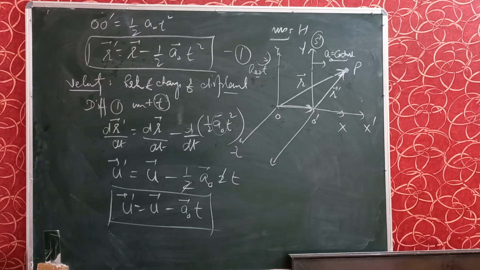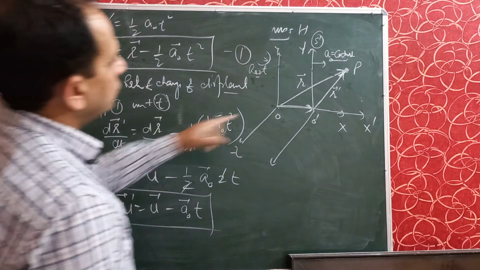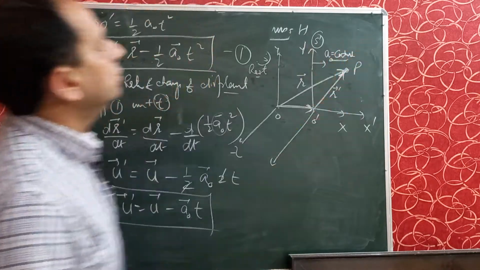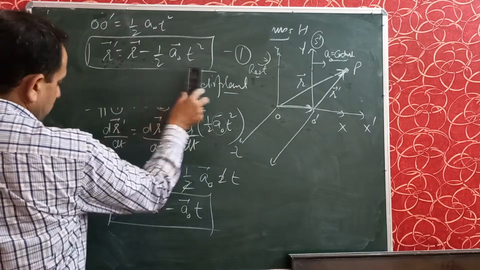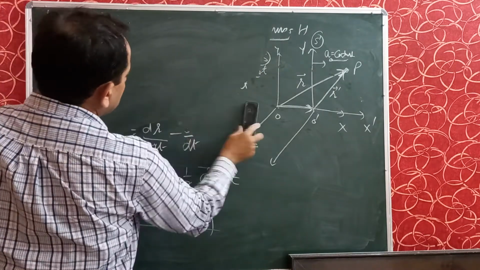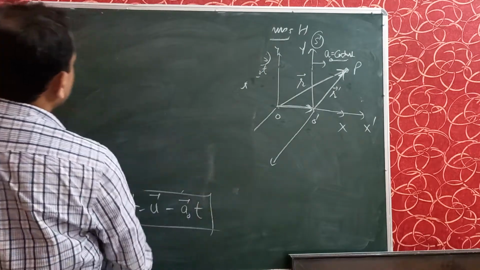So this is the Galilean transformation equation for velocity in a non-inertial frame, in which one frame is moving in translational motion with constant acceleration. Now you will find acceleration.